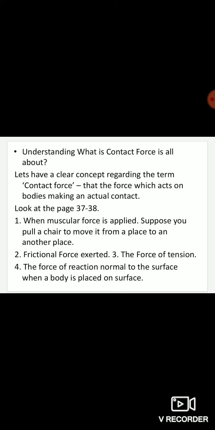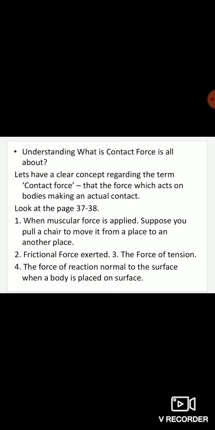You will feel that weight on your hand. So that is the force of reaction normal to the surface when a body is placed on a surface. I hope this concept of contact force is clear to you all. Up to contact force, it is basically in the portion.